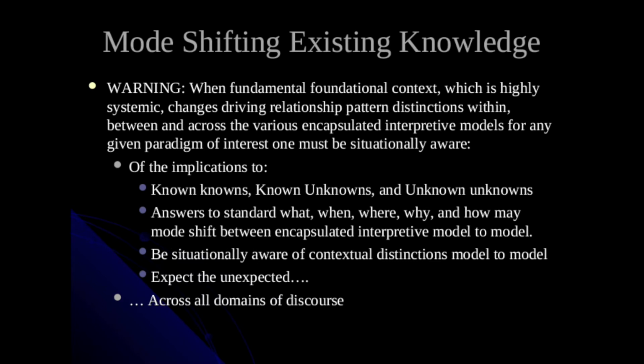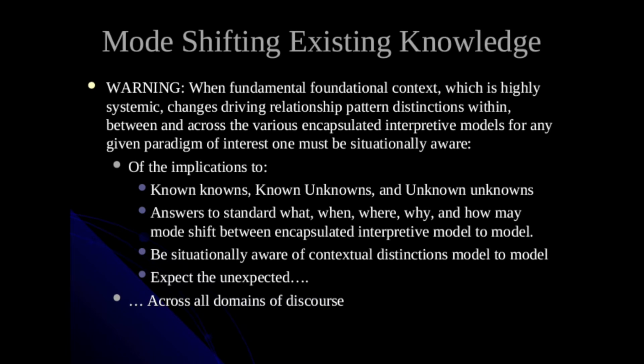So when we mode shift existing knowledge, the warning there is that the fundamental foundational context is highly systemic, and it changes driving relationship pattern distinctions within and between and across various encapsulated interpretive models for any given paradigm of interest.